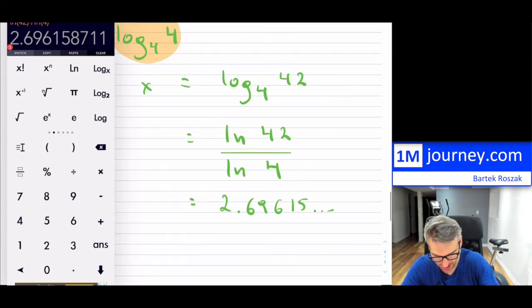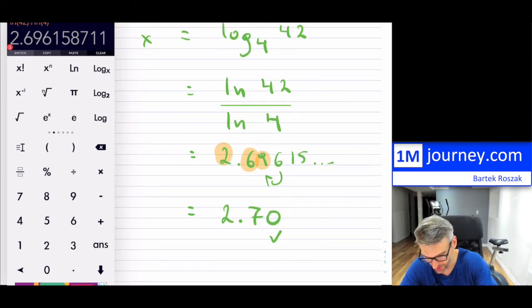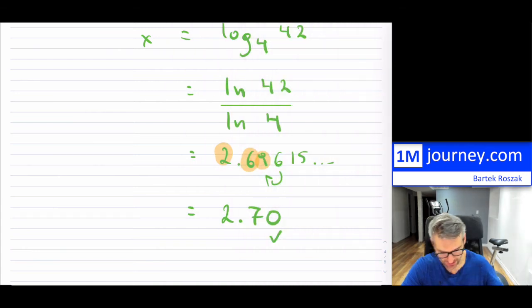Now they said 3 significant figures, so I'm going to round it to 3 significant figures. 2 point, and this is going to be 70. I'm going to keep that 0 here because that's the third significant digit. That would have been my answer.